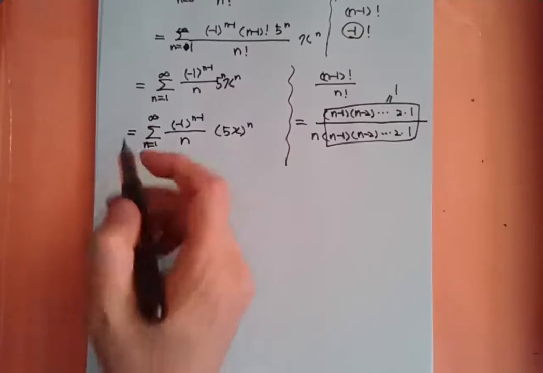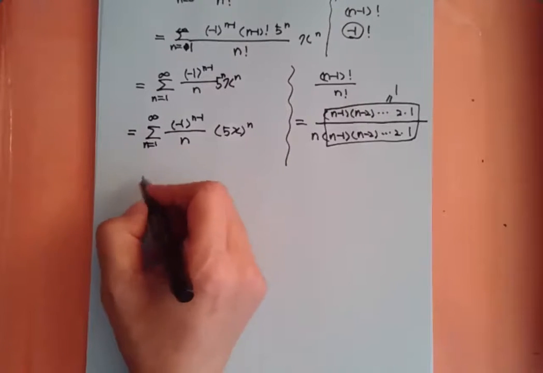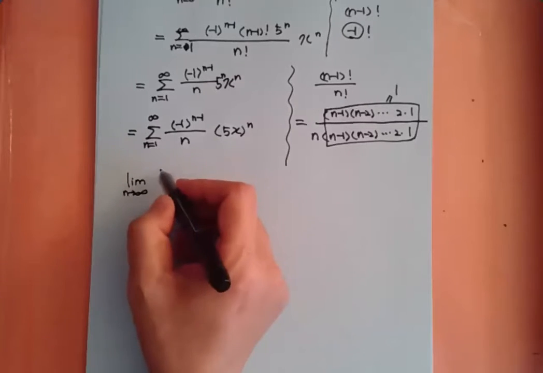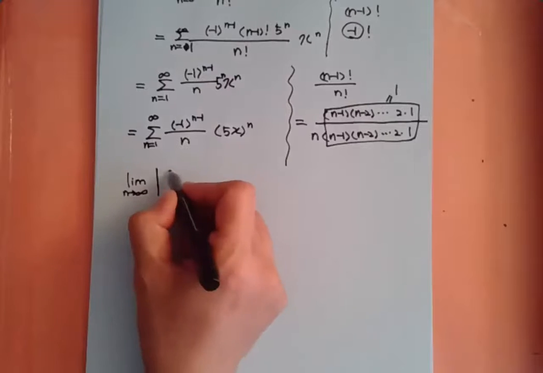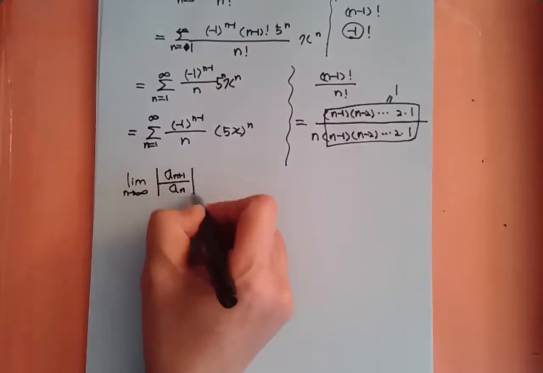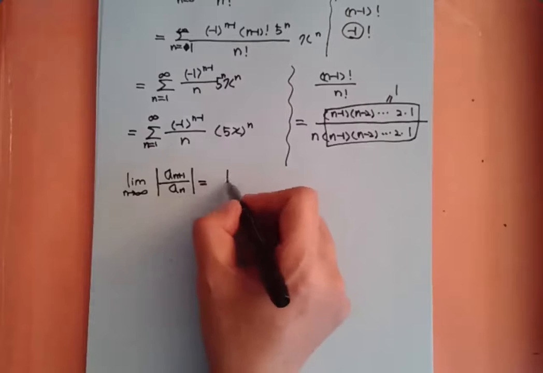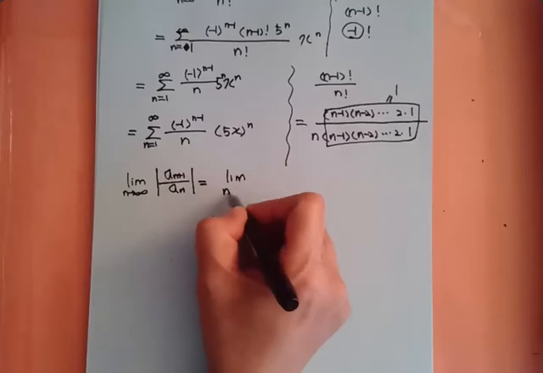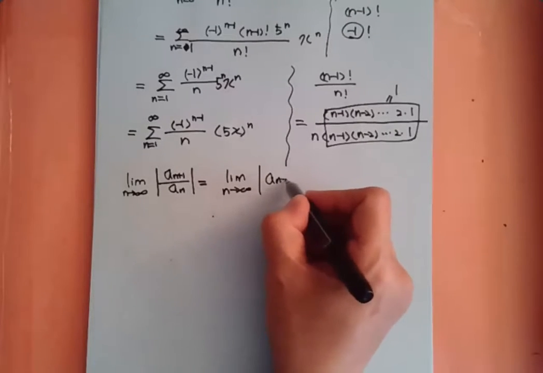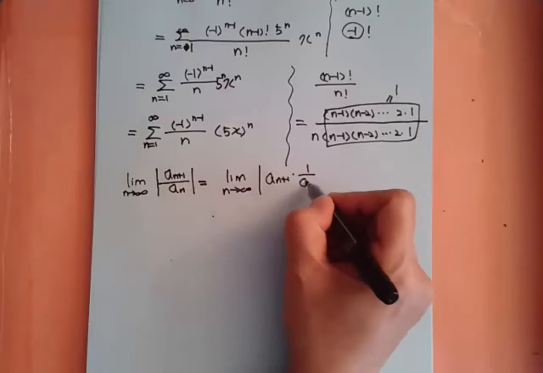And then we want to calculate the radius. We always use the ratio test when we think about the power series, Maclaurin series, Taylor series. The limit of a n plus 1 over a n can be written as limit n goes to infinity, absolute value of a n plus 1 times 1 over a n.